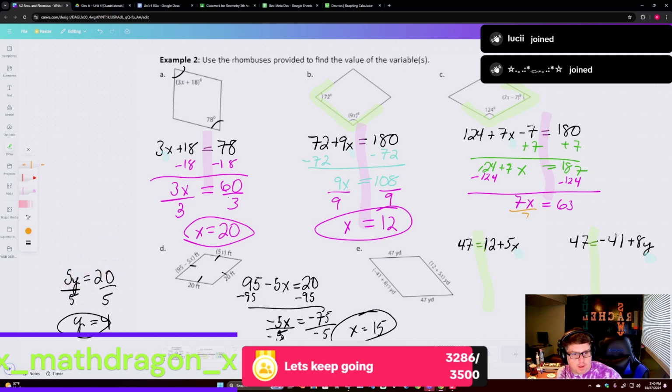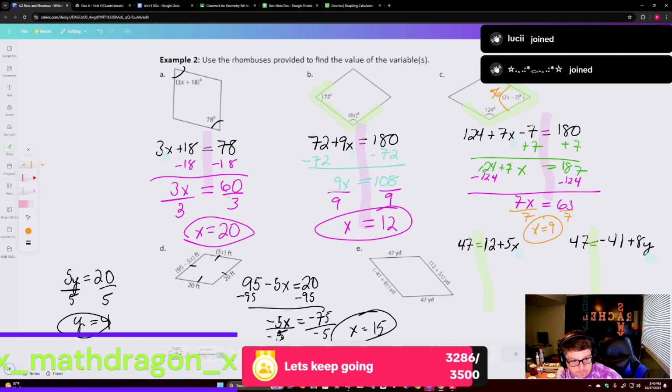Then we're going to divide both sides by 7. And x is going to equal 9. And then you could plug it back in and do 9 times 7 minus 7. Or you could do 180 minus 124 and say that this angle better be 56.